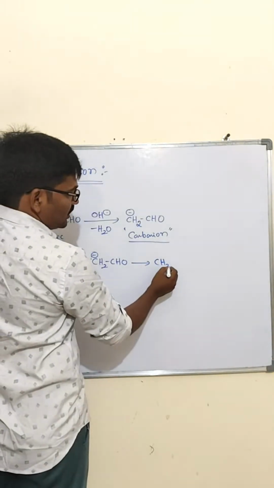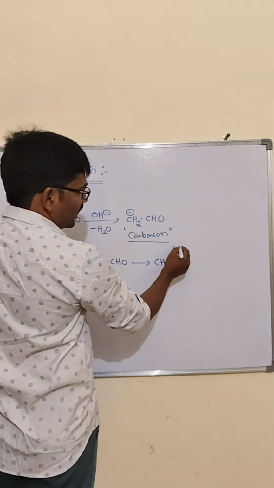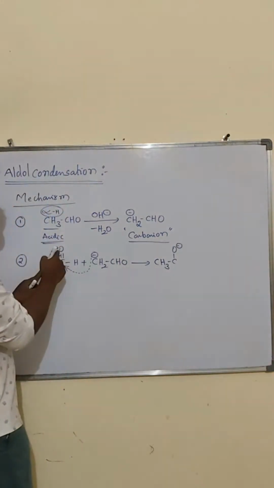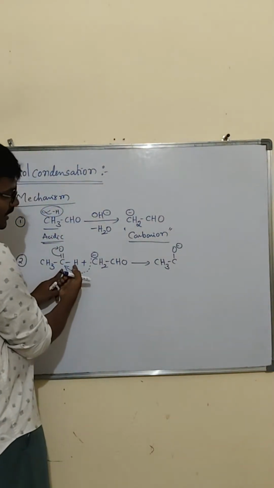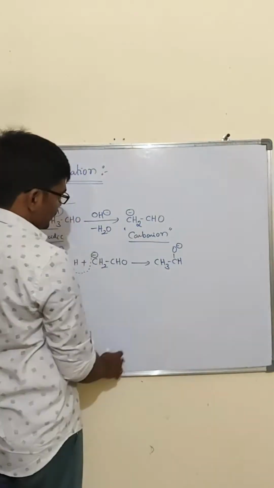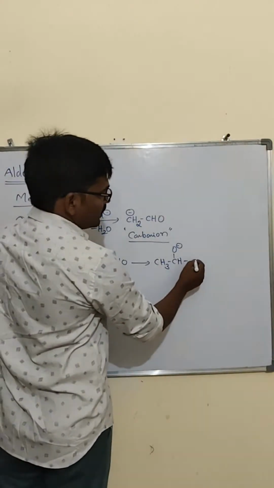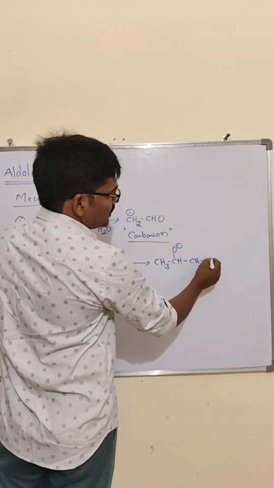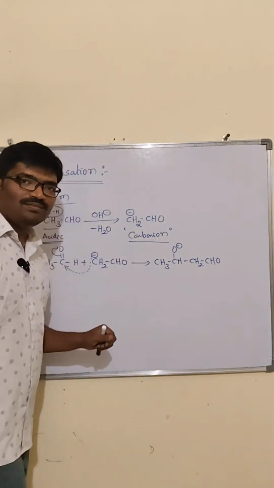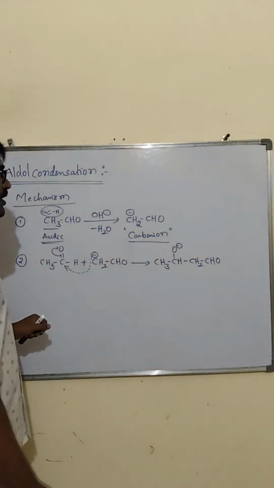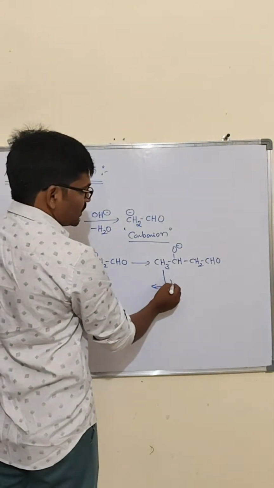Then look, my dear students, CH3, then C, then O minus. Once the bond has shifted to the O minus, H is still there on this carbon. Then the remaining part will be CH2 CHO, like this. Yes, understand. Now protonation takes place, H plus.